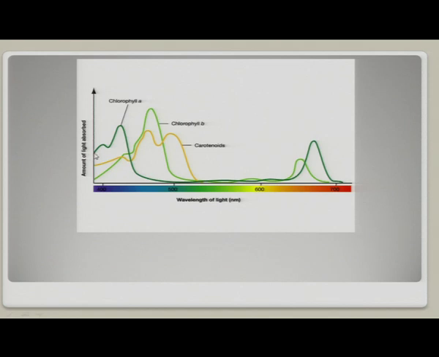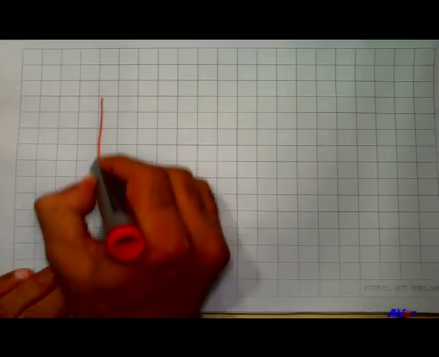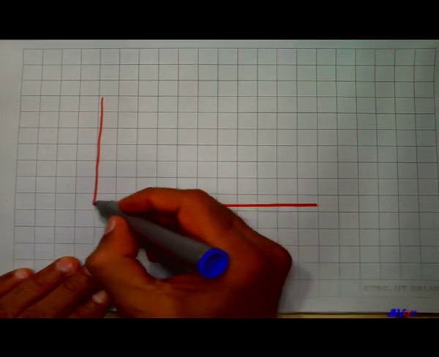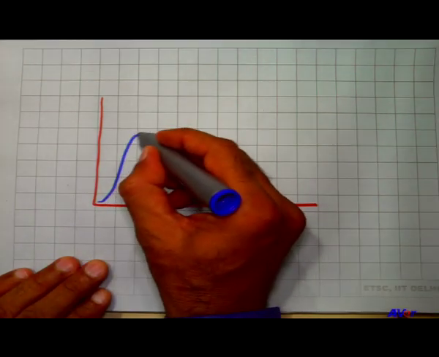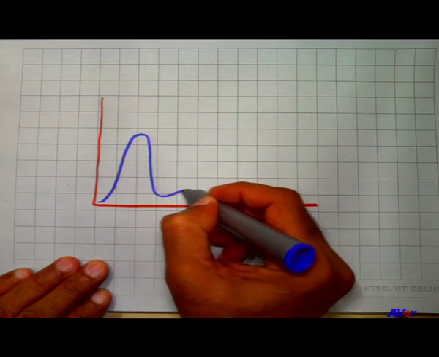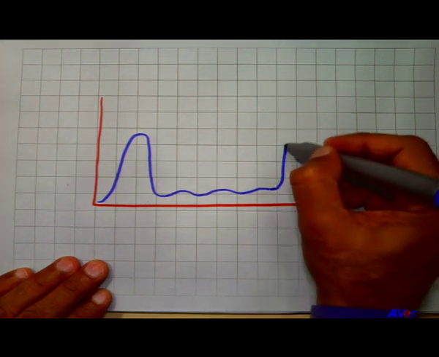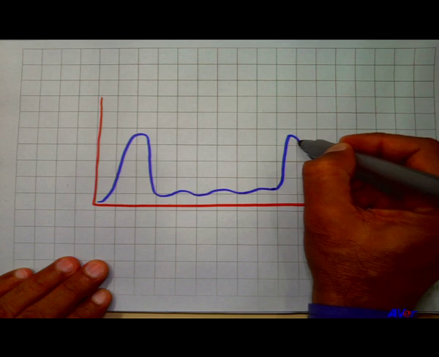When Emerson gave certain wavelengths of light in increasing order, as this graph shows, he found that the rate of photosynthesis increases, and at the point of red it also increases.